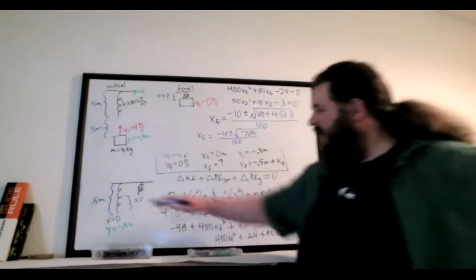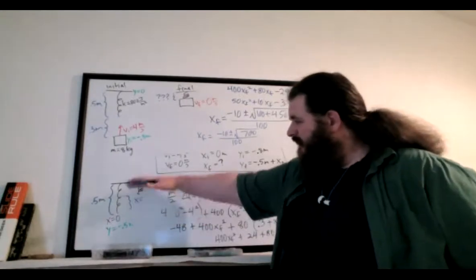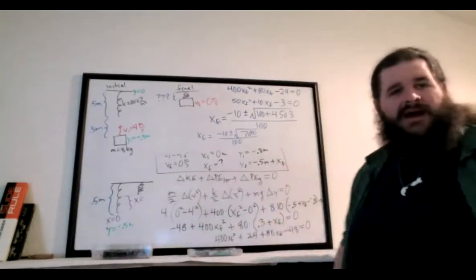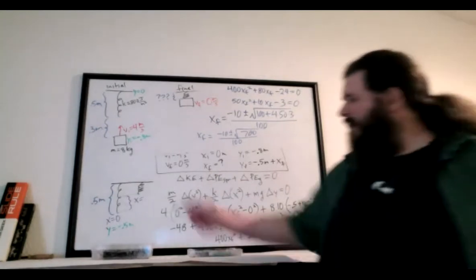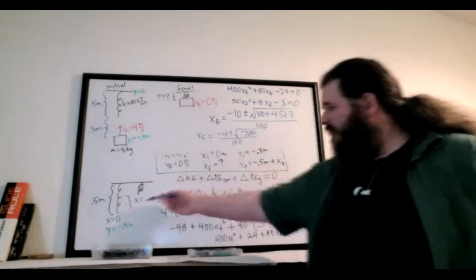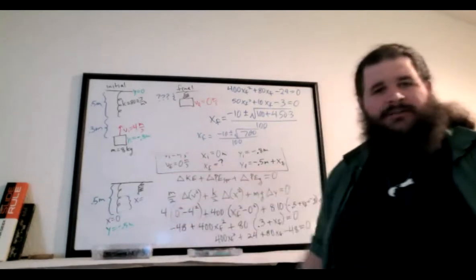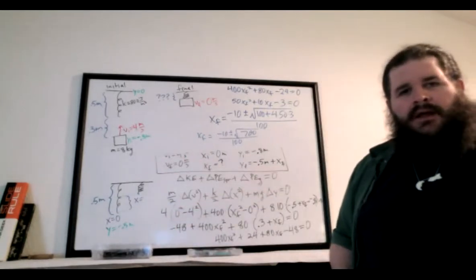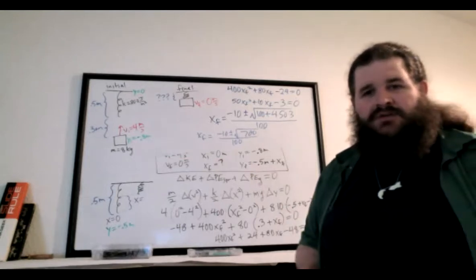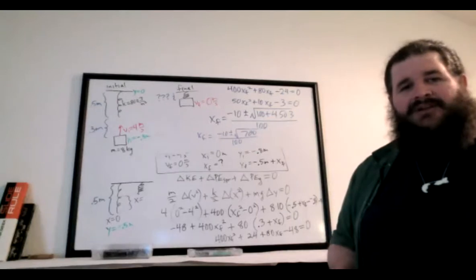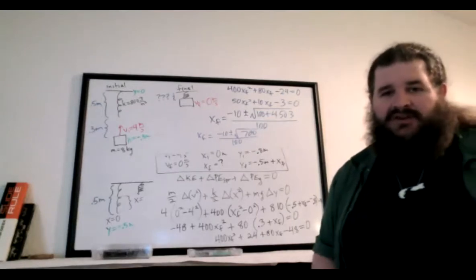But in this context, since we treated x as positive, as upwards motion being added to y, we should be treating x as positive here. A negative value for x in this coordinate system would mean hanging downwards instead of pushing upwards. And because of the symmetry in the potential energy graph, it ultimately doesn't really matter whether you treat compression as positive or compression as negative, as long as you're consistent about it.